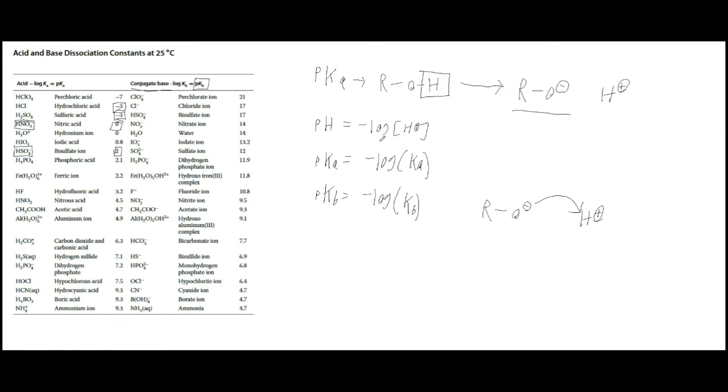And so with the pKa, you're taking the negative log of the Ka, which is the ratio of your acid species, which we can represent like that. That's the acid, and then the H that's coming off of it. So the A is this up here, and then the H is that.